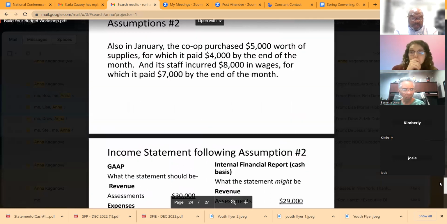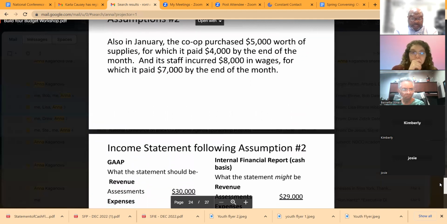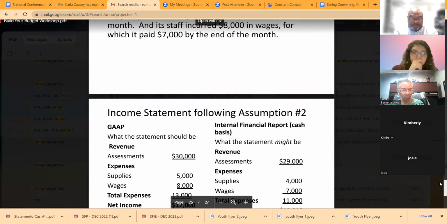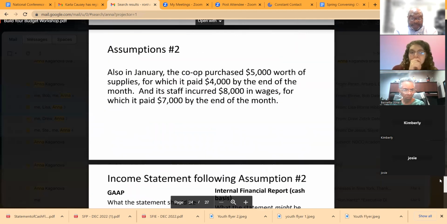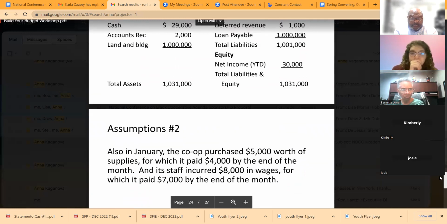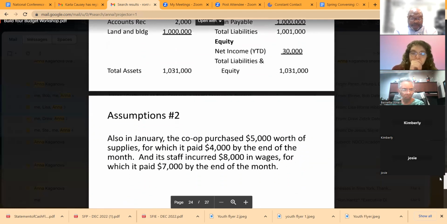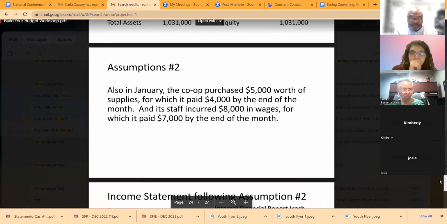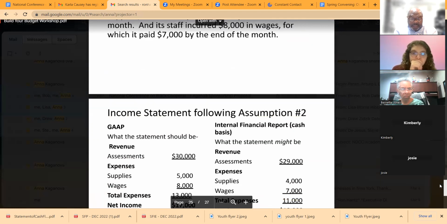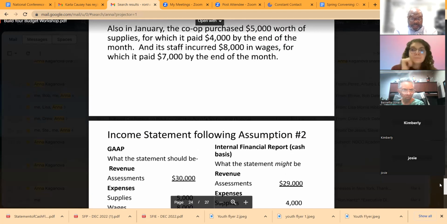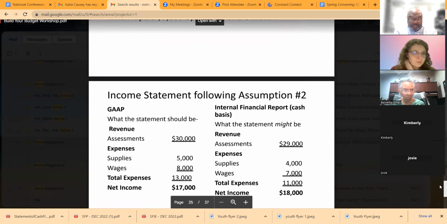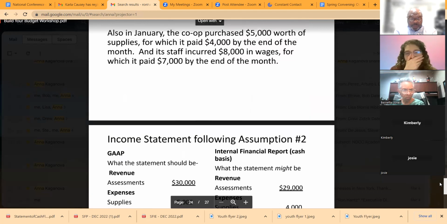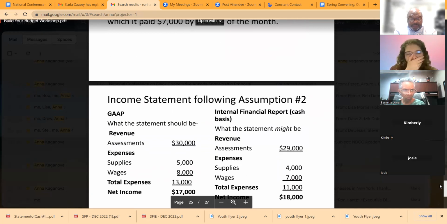So assessments again is the 30,000 that we get from members' assessments. Supplies, again, purchased 5,000 for supplies. So this is the GAAP method now. This is 8,000 in wages. Total expenses 13,000.